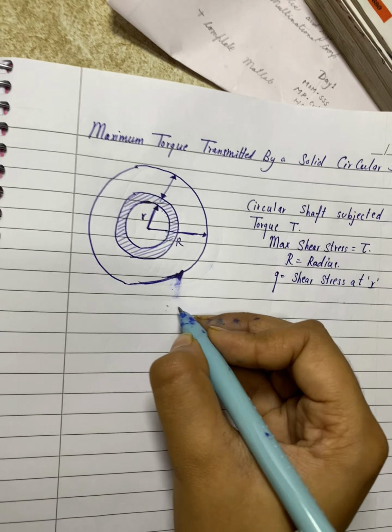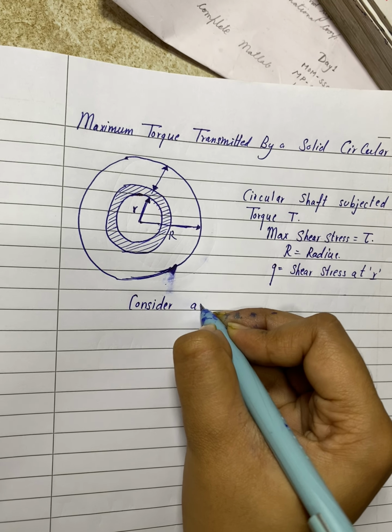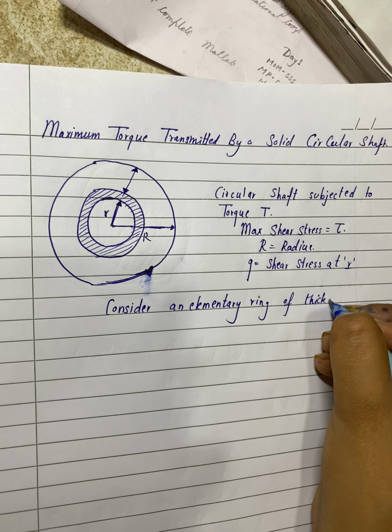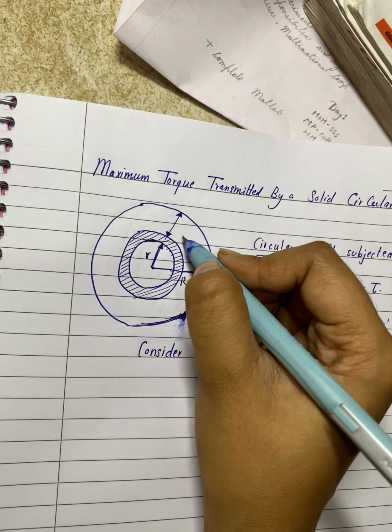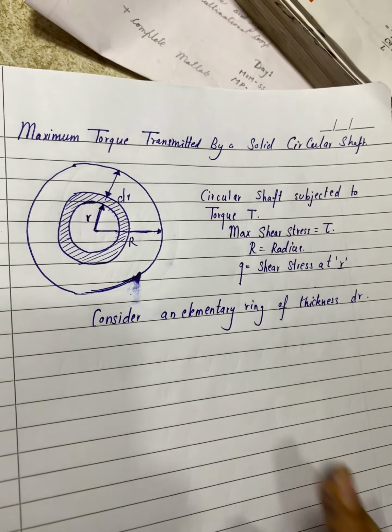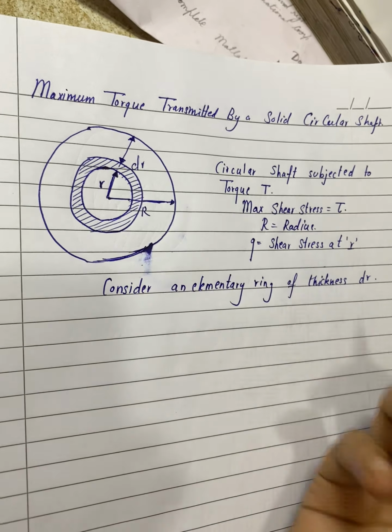Now let me consider an elementary ring of thickness, let's say the thickness is dr. This is the ring and the thickness is dr. So if I want to find the area for this elementary ring, since it's infinitesimally small, the area will also be small.